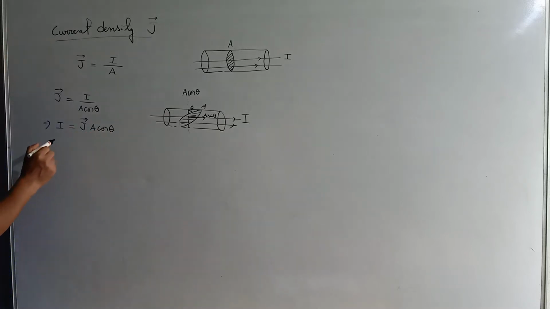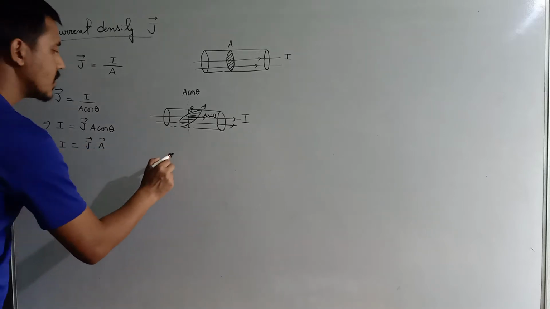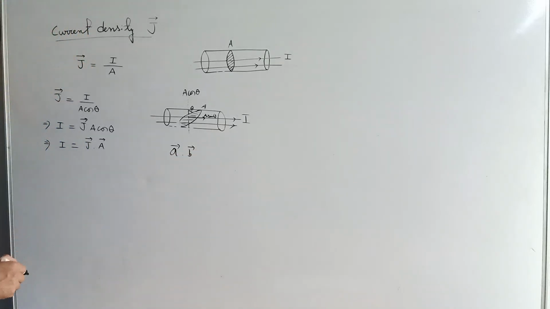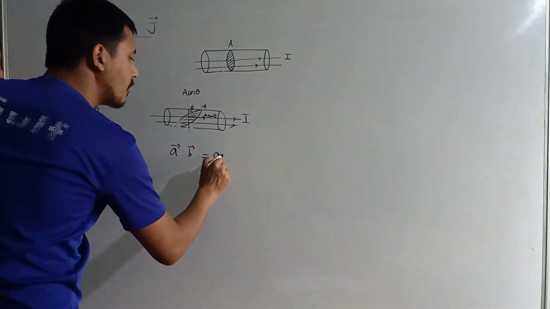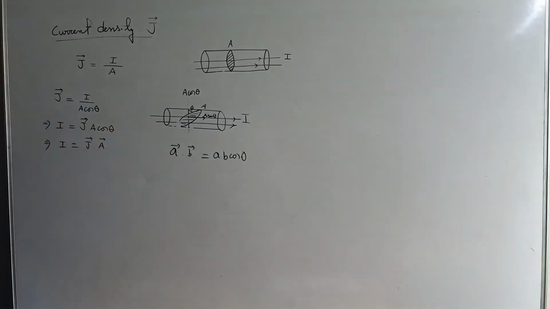So I is equal to J dot A, because the dot product of any two vectors is given by AB cos theta. So JA cos theta will be given by J dot A. Are you clear with that?